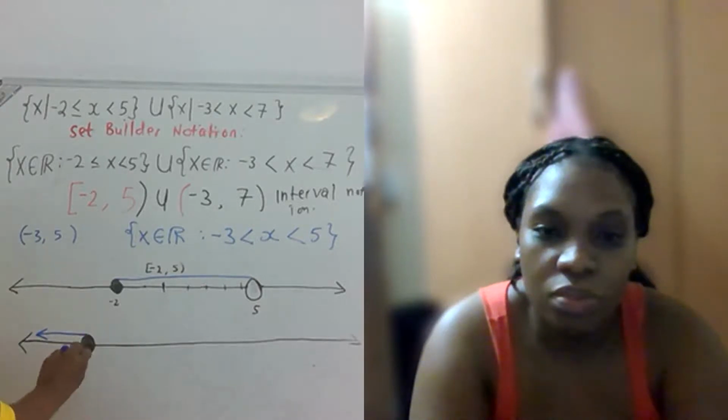Okay, this is -3 here. X is less than -3.